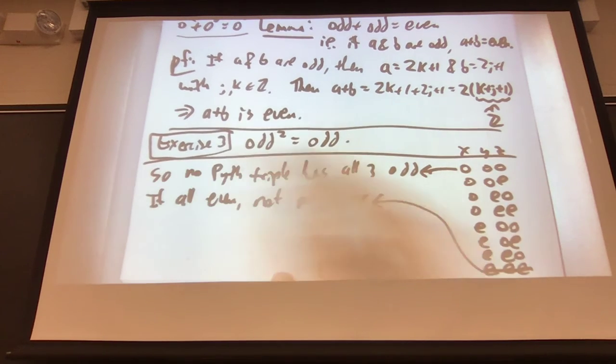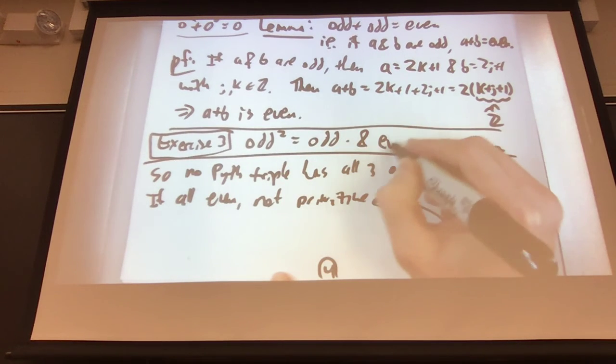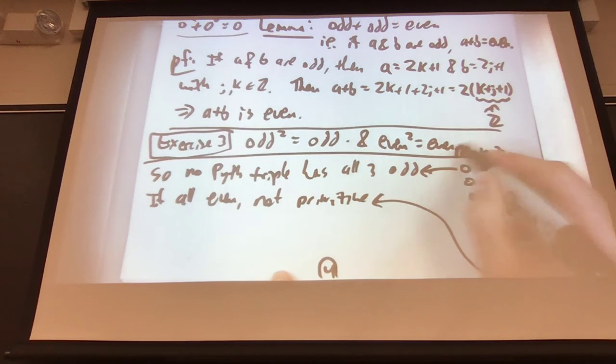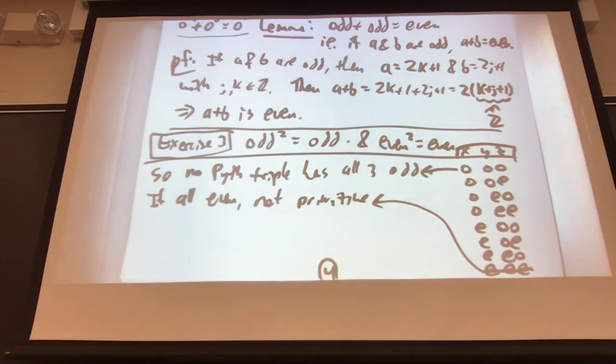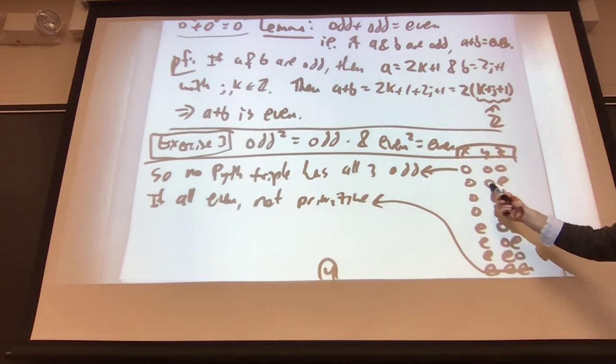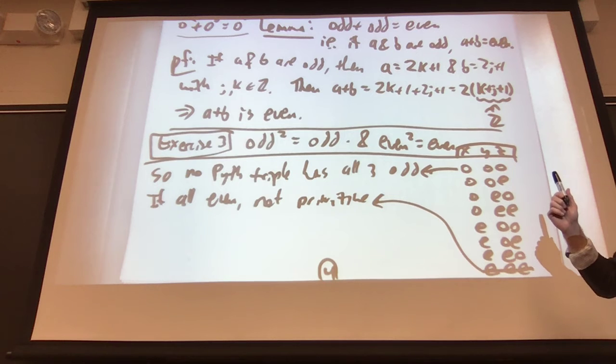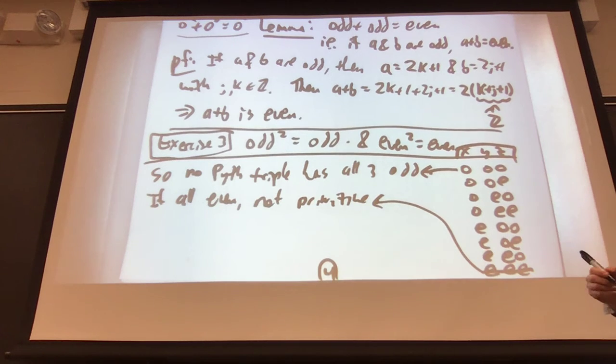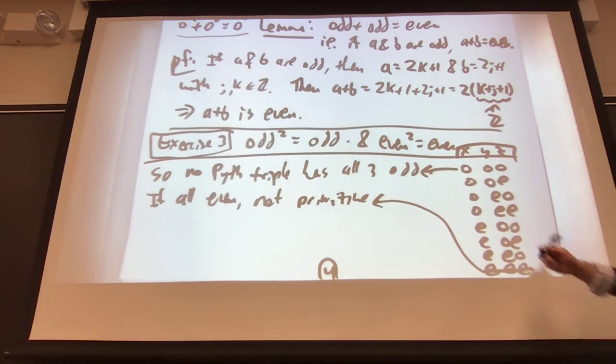Maybe I should add to this exercise, an even squared is even. So how about odd plus odd is even? Any reason to rule that out? No, right? Makes sense. Odd plus odd could be even. Let's leave that for now.